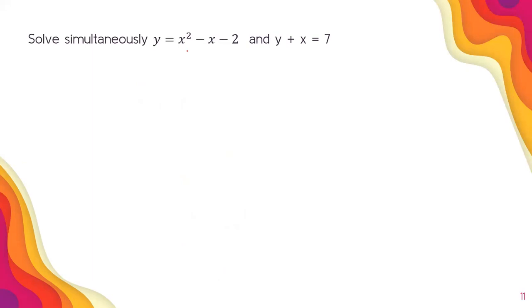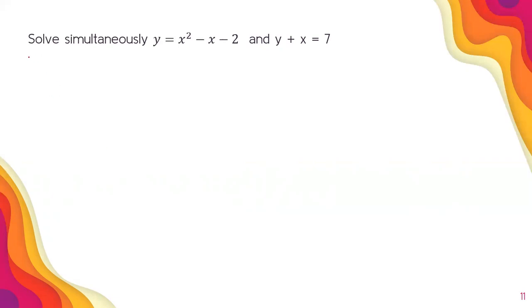Afterwards, we're gonna find the turning point of these equations, and then we're gonna find the intercept points with x-axis and y-axis of these linear equations, and then draw, and afterwards we find the intercept points.